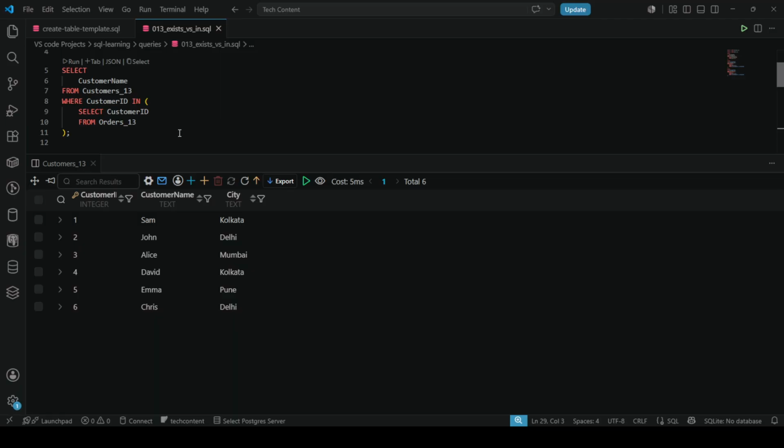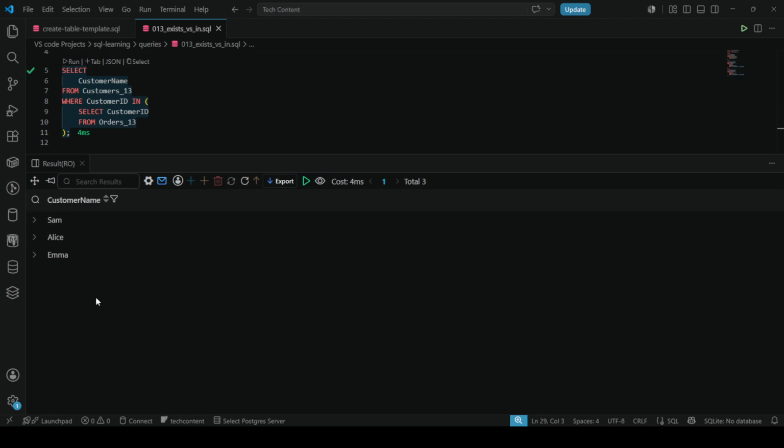If yes, the customer is returned. So we get Sam, Alice, and Emma. Let me execute the query. As you see, this is the result. That's the basic idea behind IN: we are checking whether a value exists inside a set of values or not.